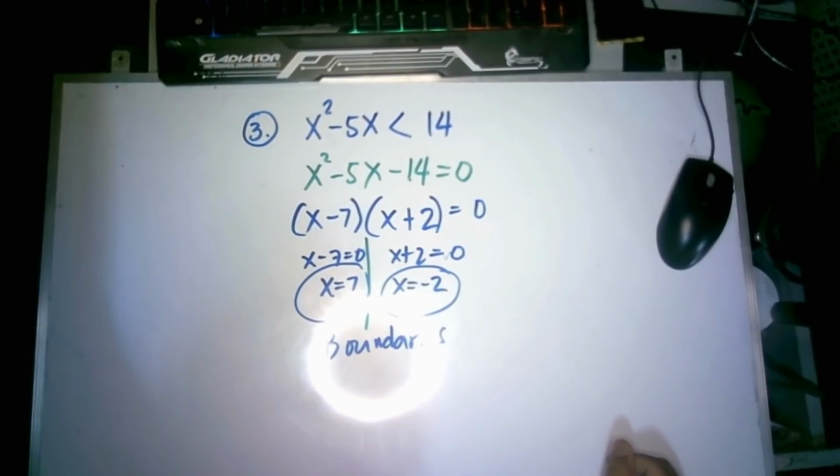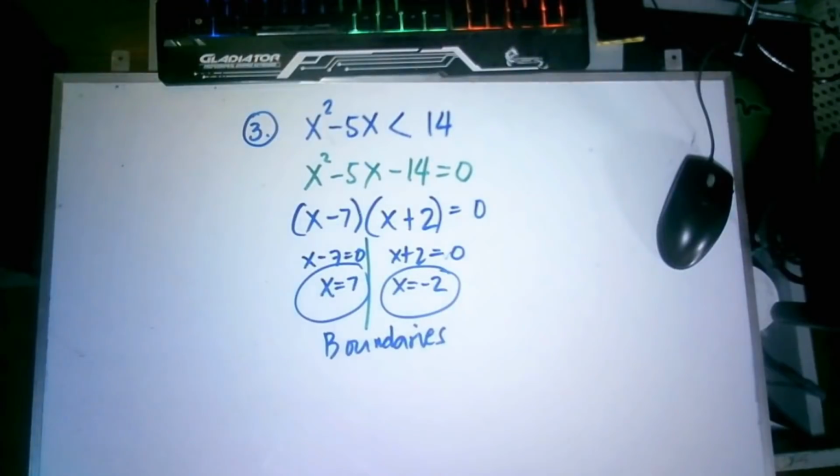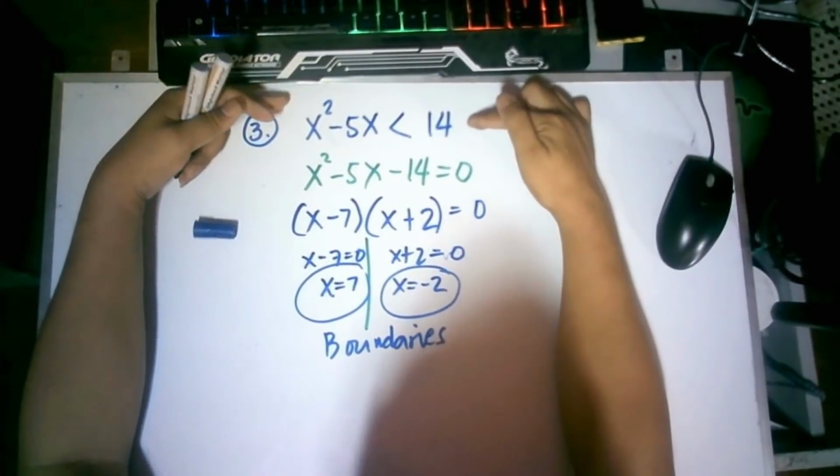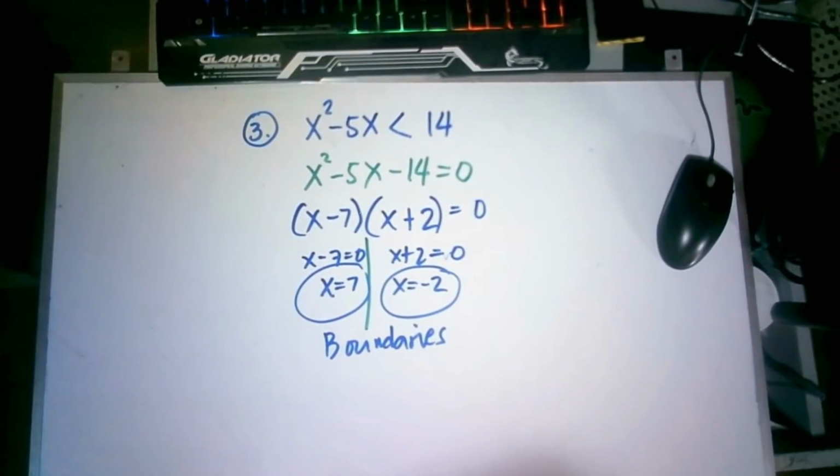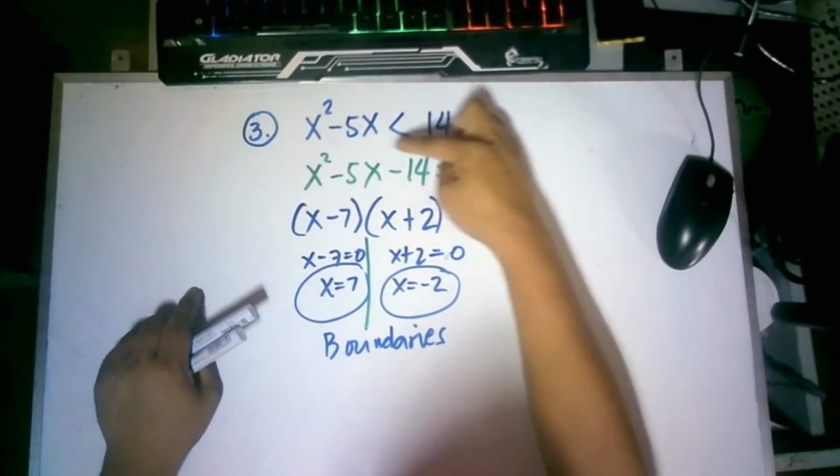Nga pwede na to i-test ug ma-prove kung asa ang dapit ang mga value that will make this x squared minus 5x less than 14. So diri mo sulod tong technique, no? As you can see, less than man na siya.